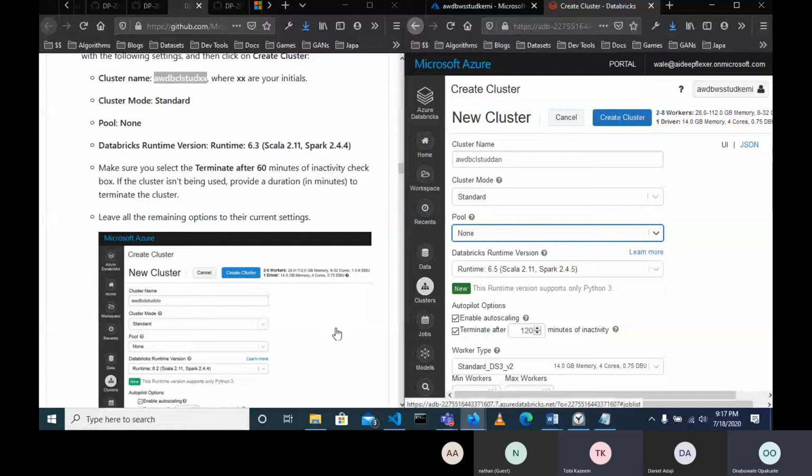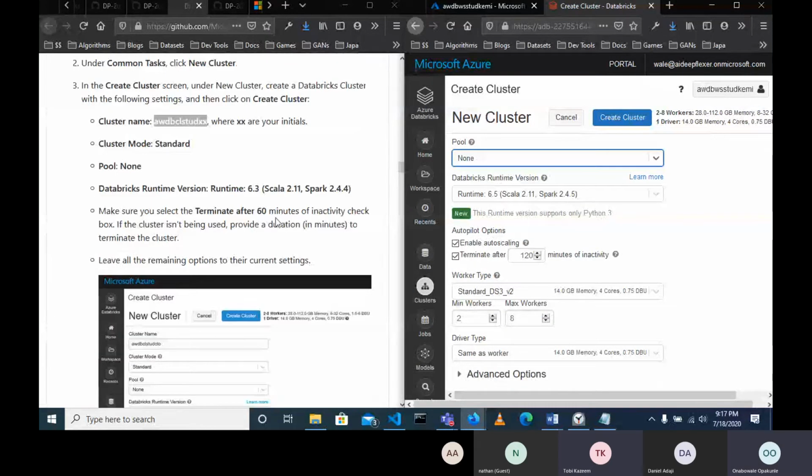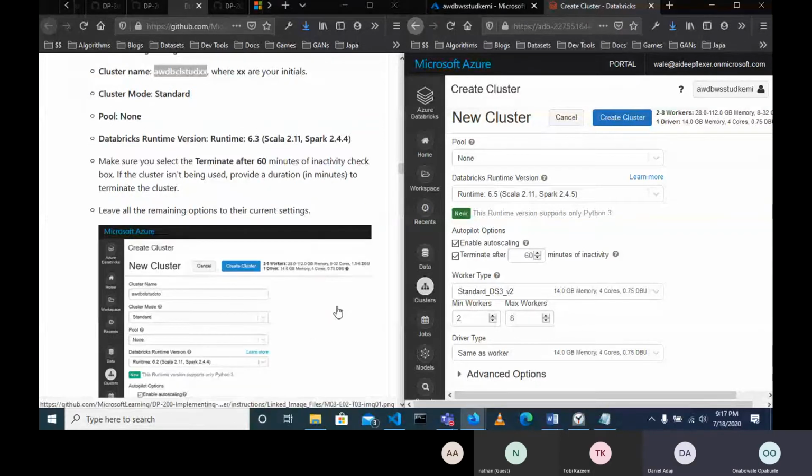Okay, so let's see. Terminate after 60 minutes, because we don't want to eat all my credit. This is very important, because there are times when you forget to turn it off and go home, and you wake up in the middle of the night with a bad dream.